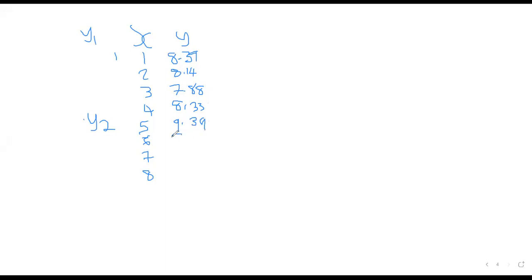We have 9.65. Then 9.89, 9.45. So please, these figures are coming from the cells that are deseasonalized.